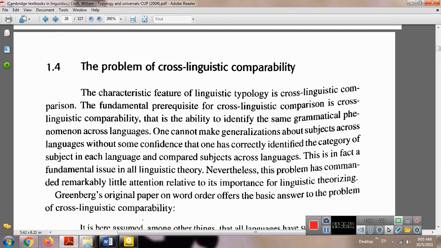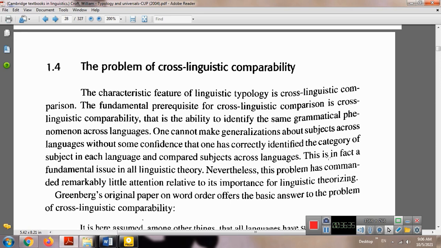First, you should know and be able to identify the grammatical phenomena across the languages. One cannot make generalizations about subjects across languages without some confidence that one has correctly identified the category of subject in each language and compared subjects across languages. At first, as a typologist, you should know the grammars of the languages.